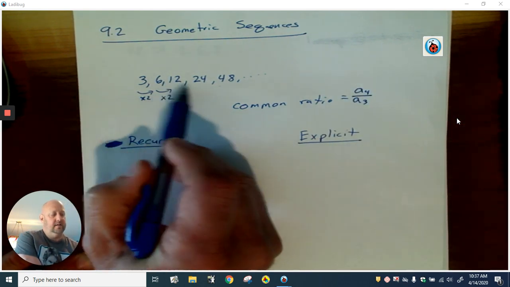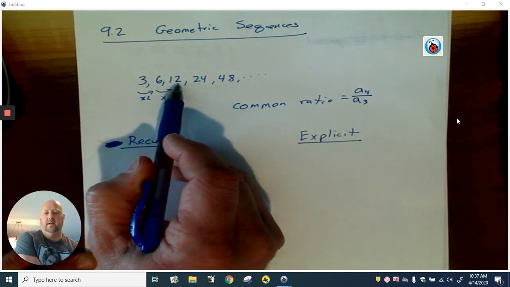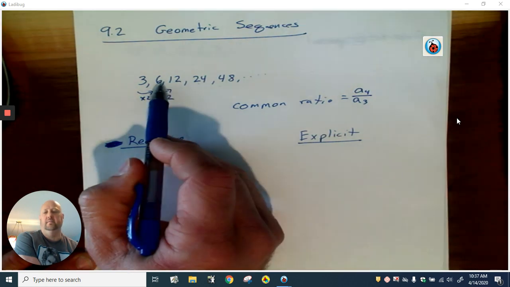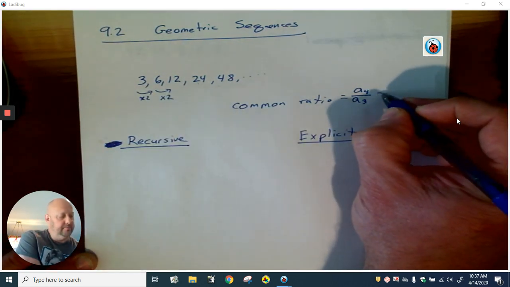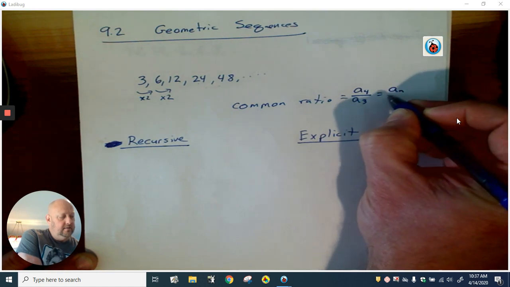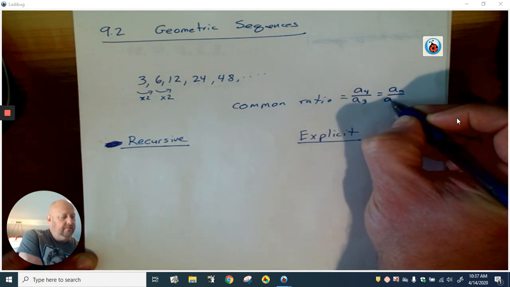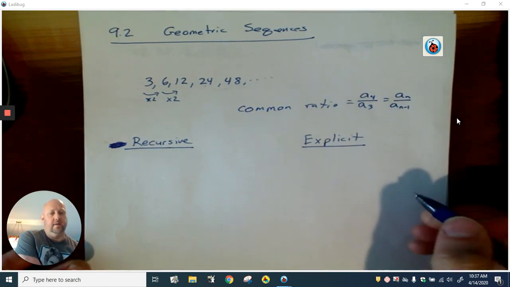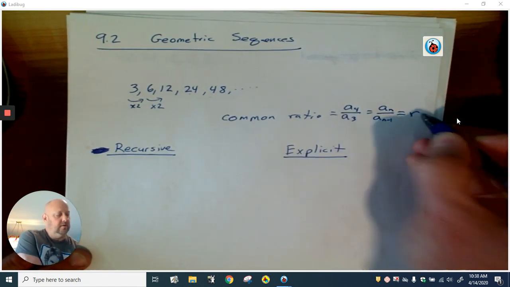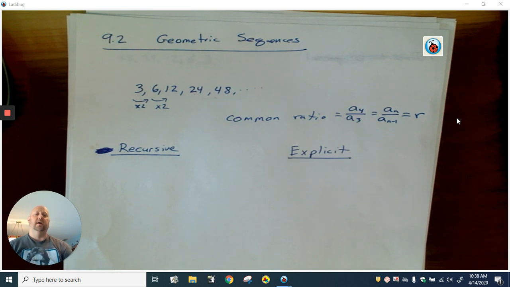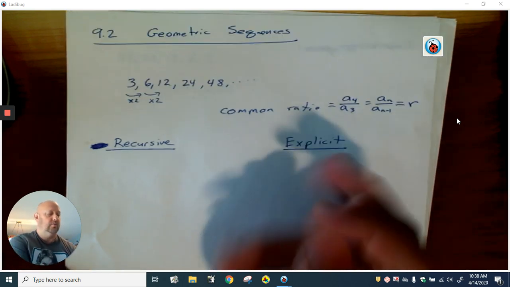If I take 24 and divide it by 12, or 12 divided by 6, or 6 divided by 3, I get the same number over and over again. We call that r. So we're not dealing with d, the common difference. Now we're dealing with a common ratio.